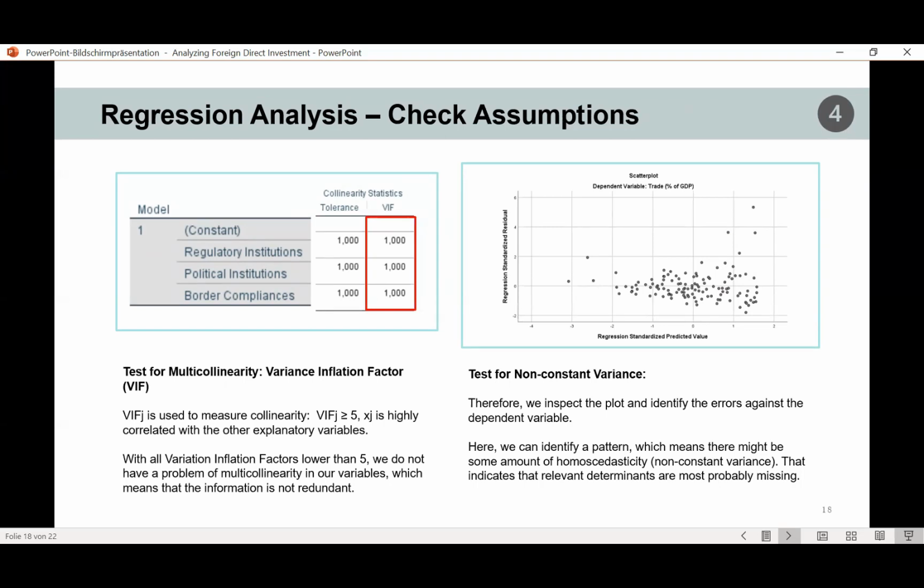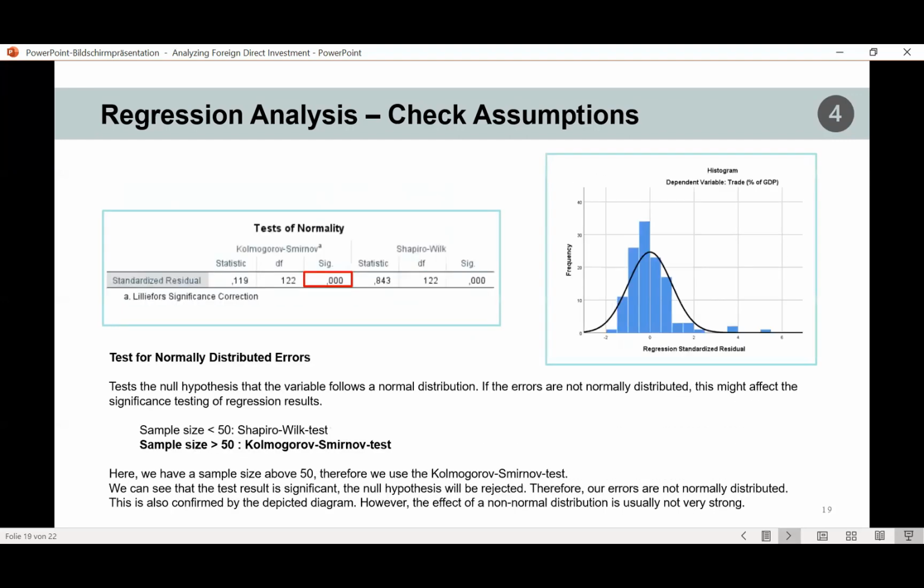On the right side, we can see the test for non-constant variance, whereby we are having a look at the scatter plot. We could identify errors against the dependent variable, which means that some amount of heteroscedasticity can be found. This indicates that relevant determinants are most probably missing.